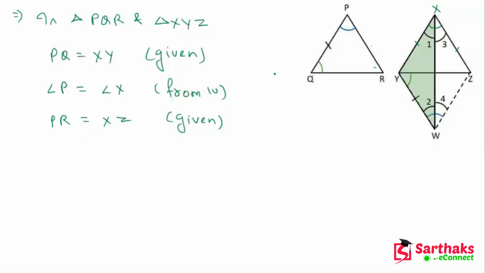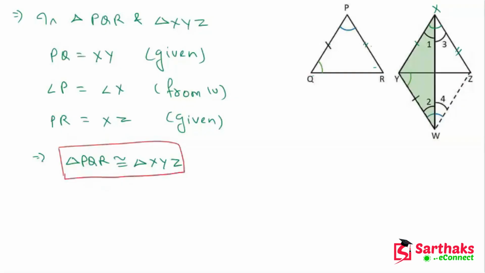Okay. So we can say that triangle PQR is congruent to triangle XYZ. Got it? So this is congruence by side angle side criteria.